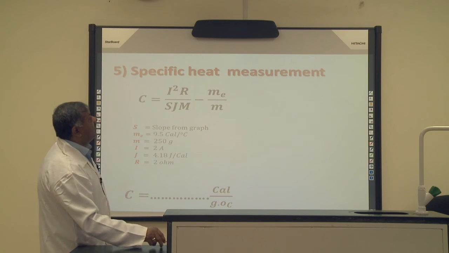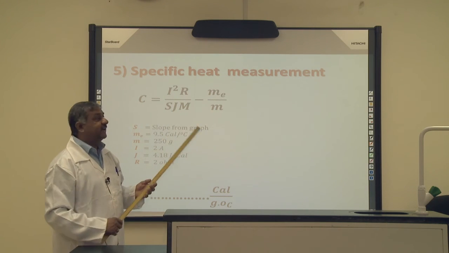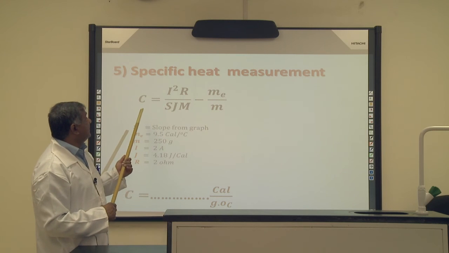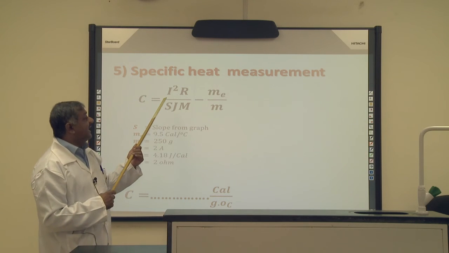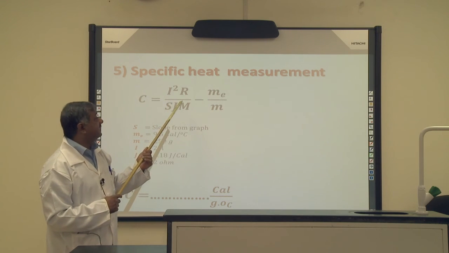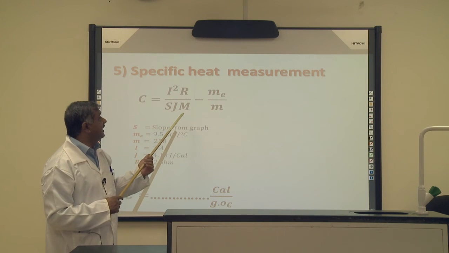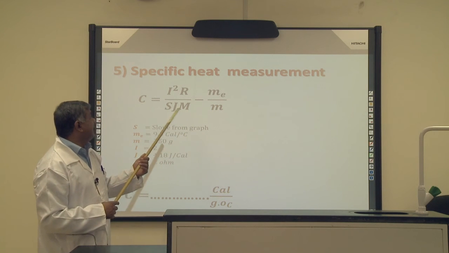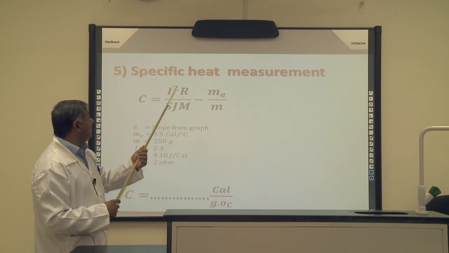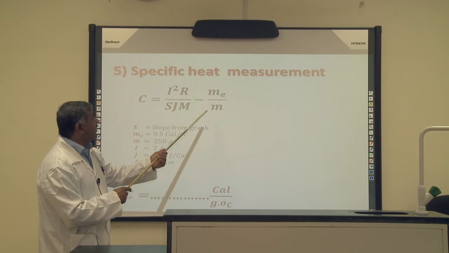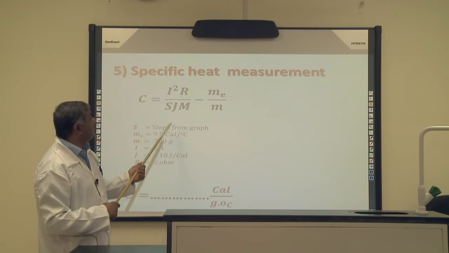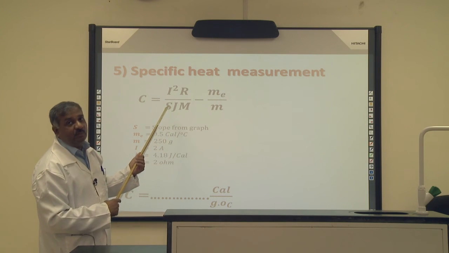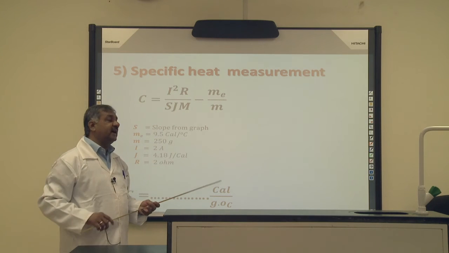After this you have the calculation for C, the specific heat: I squared R divided by S J m minus M e over M. In this formula all values are constants which are given to you; only S, the slope, we have calculated from the graph.